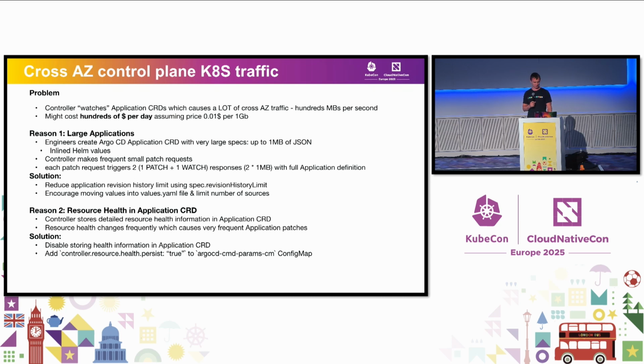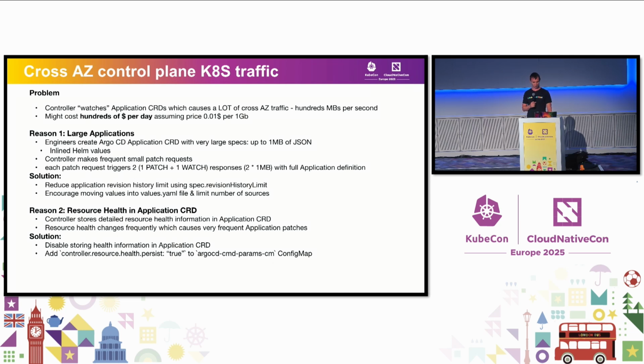It was literally several kilobytes, hundreds of kilobytes of value files. And Argo CD has a nice feature, rollback. To facilitate rollback, every time you sync, Argo CD stores a copy of the value files used for a sync in a history. So we ended up having application resources with several kilobytes of value files stored 10 times in the same CRD. And yeah, that was a problem.